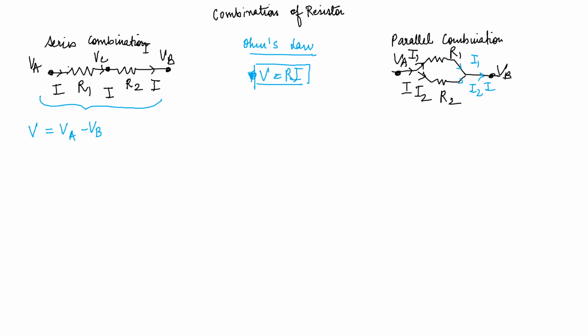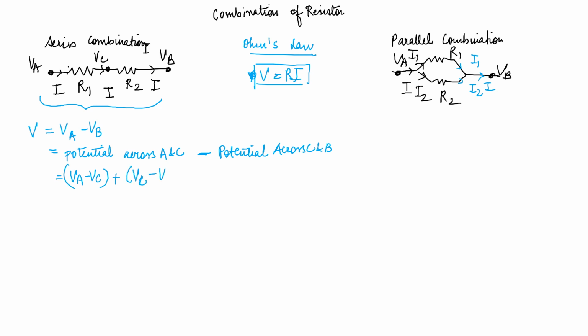We can write it as the potential across A and C plus the potential across C and B. The potential across A and C is VA minus VC, and across C and B is VC minus VB.